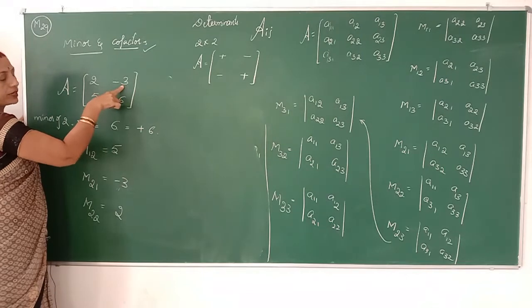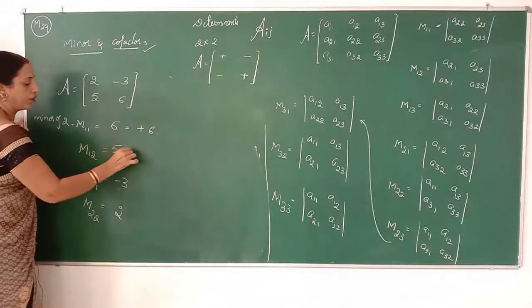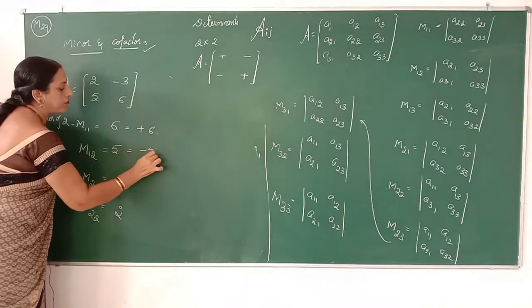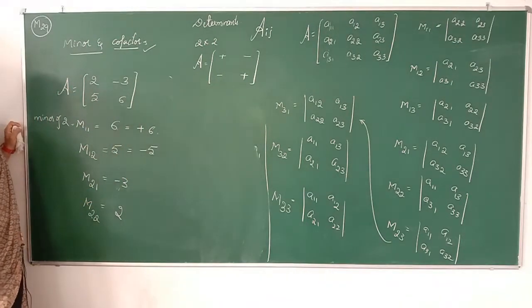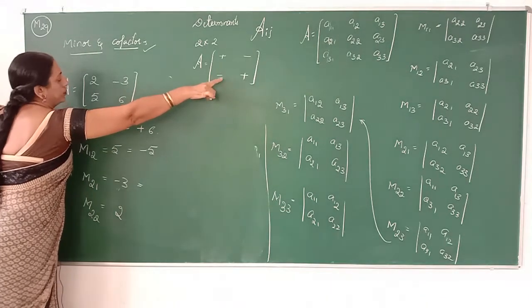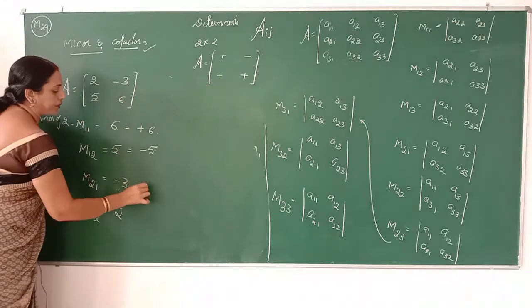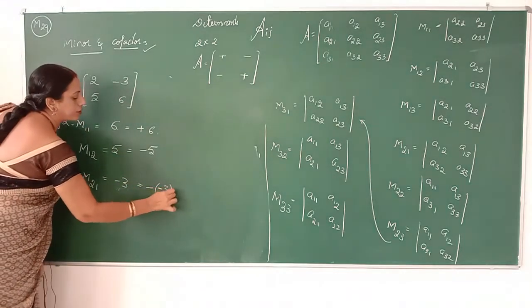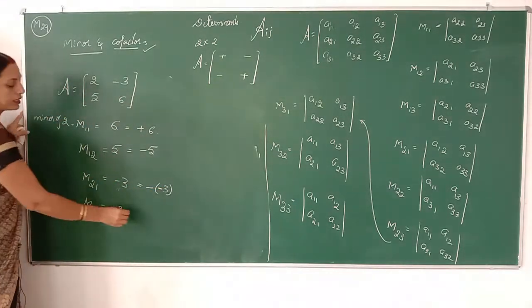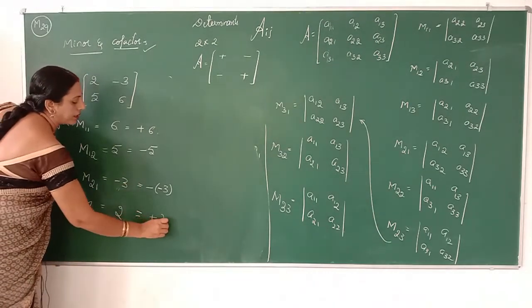The second element, minus 3, has the sign minus, therefore it is written as minus 5. The third one is also negative. In the second row, the first element is negative, and minus into minus is plus 3. The last element is multiplied by plus, so it is written as plus 2.